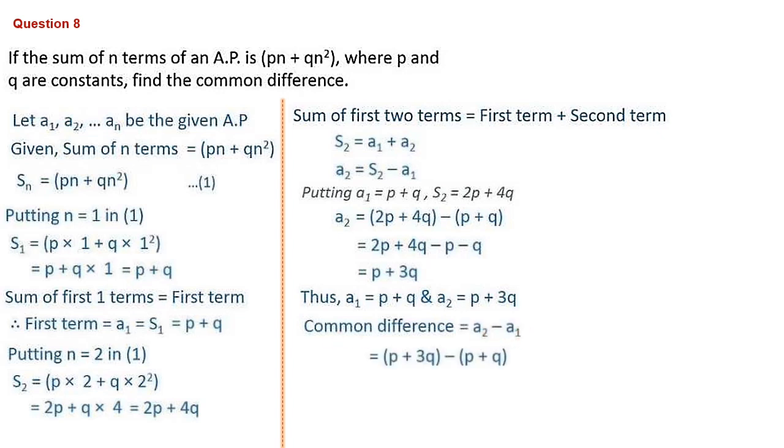A2 is P plus 3Q minus A1, which is P plus Q. When we remove the bracket, P plus 3Q minus P minus Q. Here plus P minus P we can cancel with the opposite signs. Then the balance will be 3Q minus Q, that is 2Q. So the common difference is 2Q.